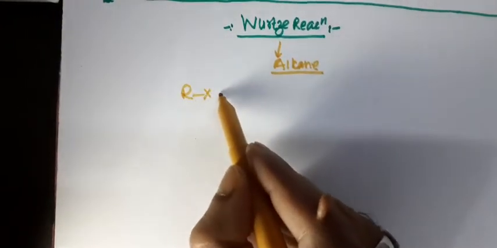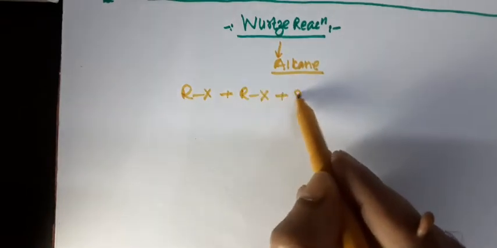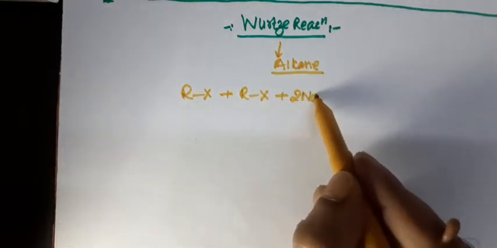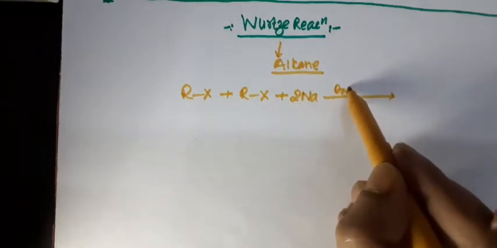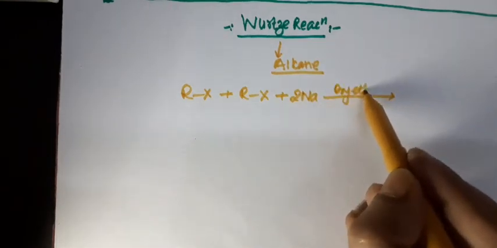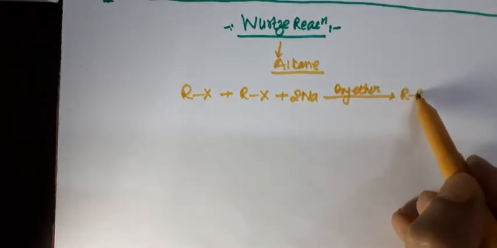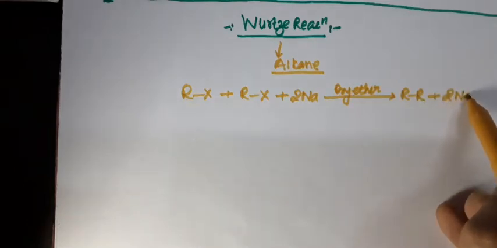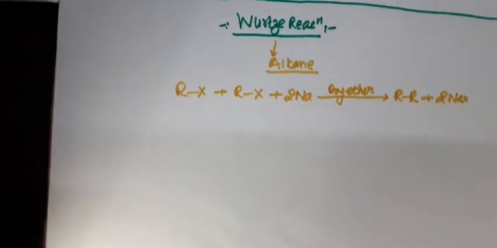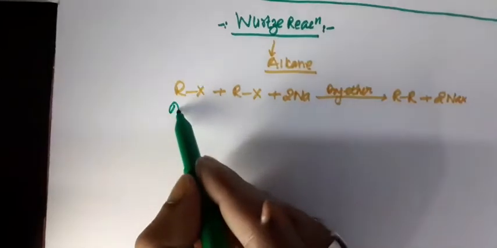What we have to do, we need to take two molecules of haloalkane reacts with sodium in presence of dry ether and it releases alkane and sodium halide. This is very important method for the preparation of alkane.